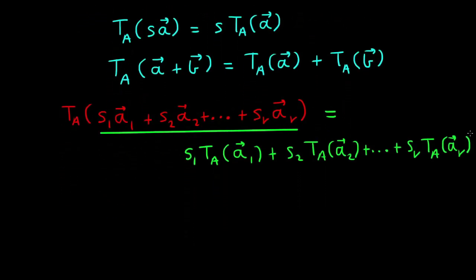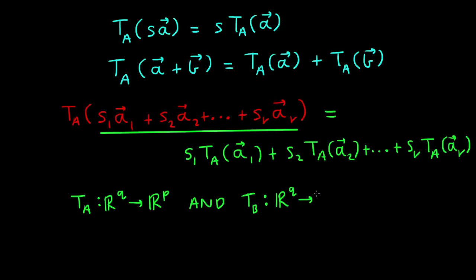Another property that results from linearity is this: suppose we have a transformation TA from RQ to RP, and another transformation TB with another standard matrix B from RQ to RP.